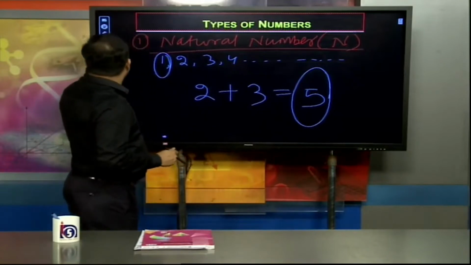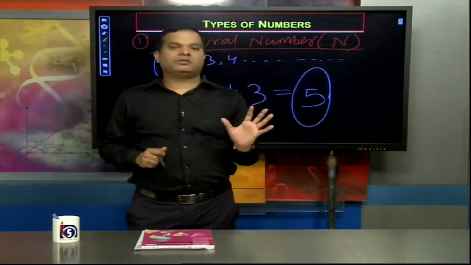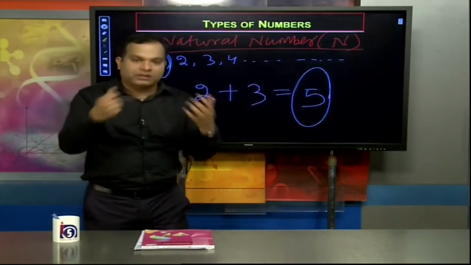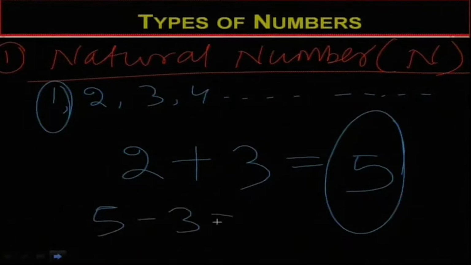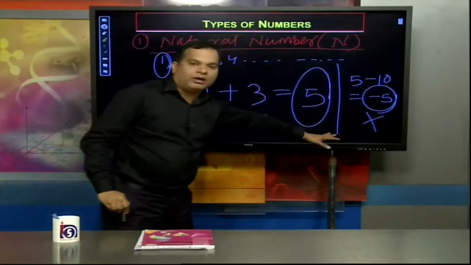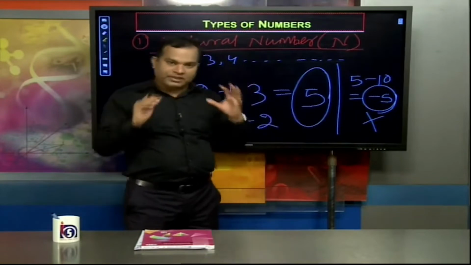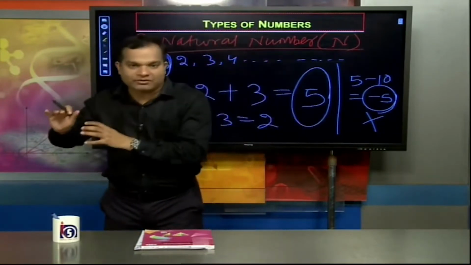For example, 5 minus 3 gives 2, which is a natural number. But 5 minus 10 gives minus 5, so we cannot say it is a natural number. So the subtraction of two natural numbers may not always be a natural number.